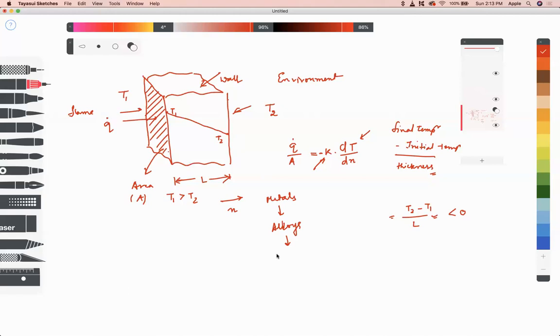Then you will find non-metals, then your liquids, and lastly your gases. This is the usual order of decreasing thermal conductivity. So pure metal will definitely have higher thermal conductivity, and this is your Fourier's law.